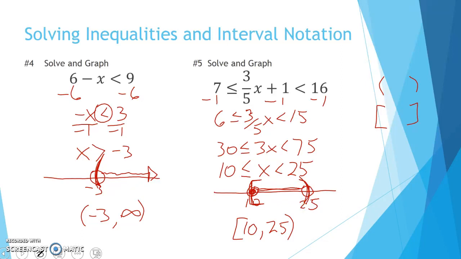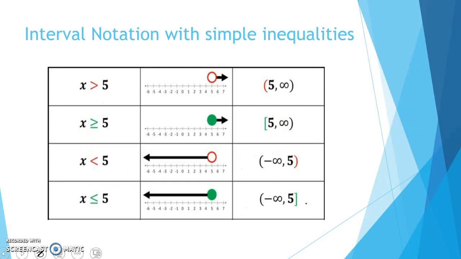Let's take a look more specifically at what this interval notation looks like. So here you have some examples where if it's an open circle, like it is in red here and here, then I'm just using a parenthesis. But if it's a closed circle, like this one would start at 5, this one would end at 5, and so I have brackets.